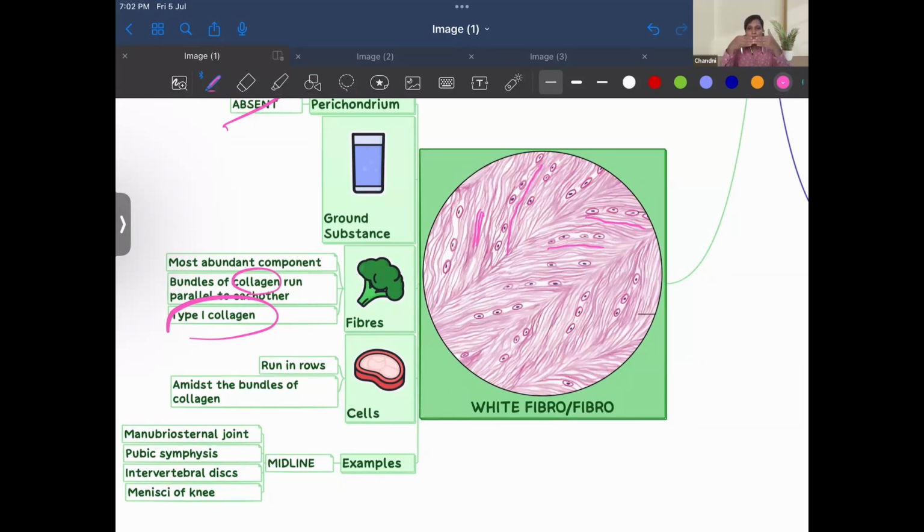Actually all these joints are called symphysis, where one half from the left side and right side come together in the midline and then form a joint. So these joints in the midline are examples, but they don't join directly. They have a thin plate of cartilage in between, and that thin plate of cartilage is the white fibrocartilage, okay? And somebody also said IV discs, that's also a correct example.